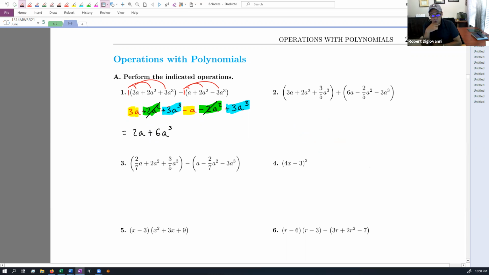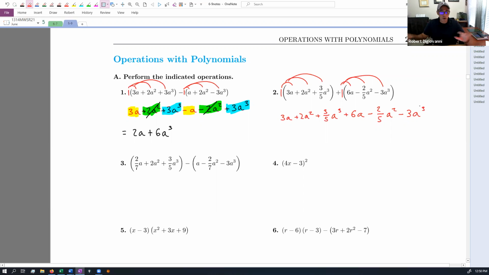And same story, we want to get rid of the parentheses. So I realize there's a 1 here and there's a +1 here. And when I distribute through, a +1 changes nothing. So we have 3a plus 2a squared plus 3/5 a cubed plus 6a minus 2/5 a squared minus 3a cubed.